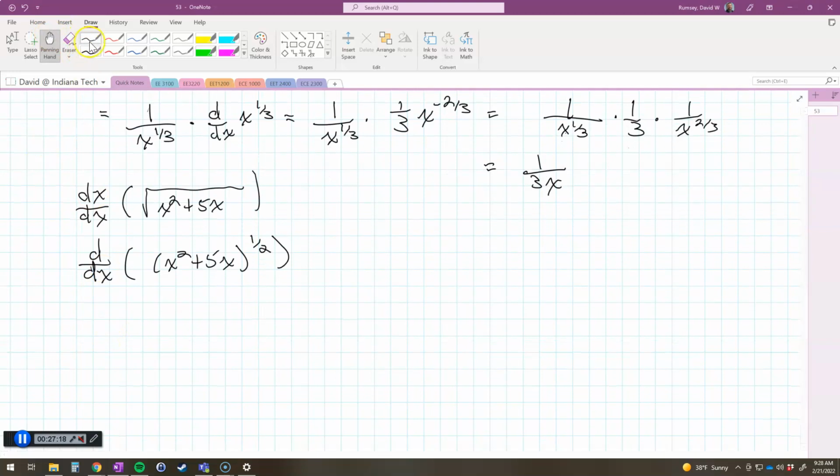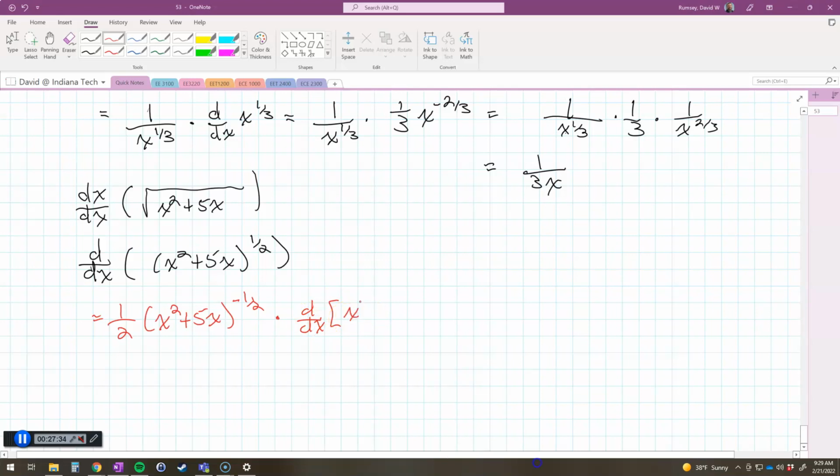So I'm going to get that this is equal to 1/2 times x squared plus 5x to the minus 1/2 times the derivative of what's inside. So that's going to get me 1/2 times x squared plus 5x to the negative 1/2 times 2x plus 5. All right, so hopefully that's been helpful.